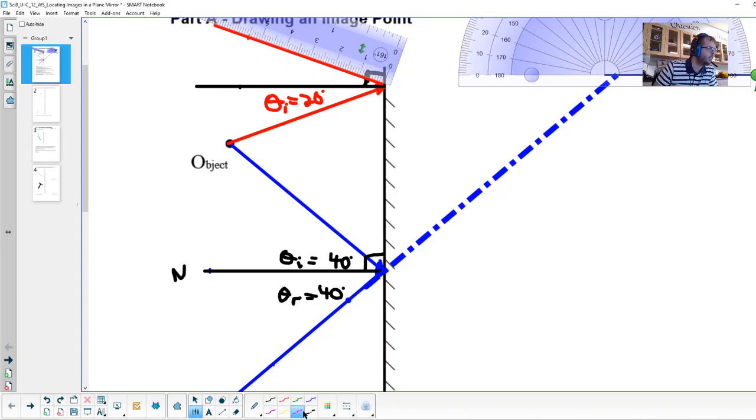And then from the reflected ray will come my extended line backwards. And that point of intersection right there is why I'm doing all this work, because that point right there is my image.